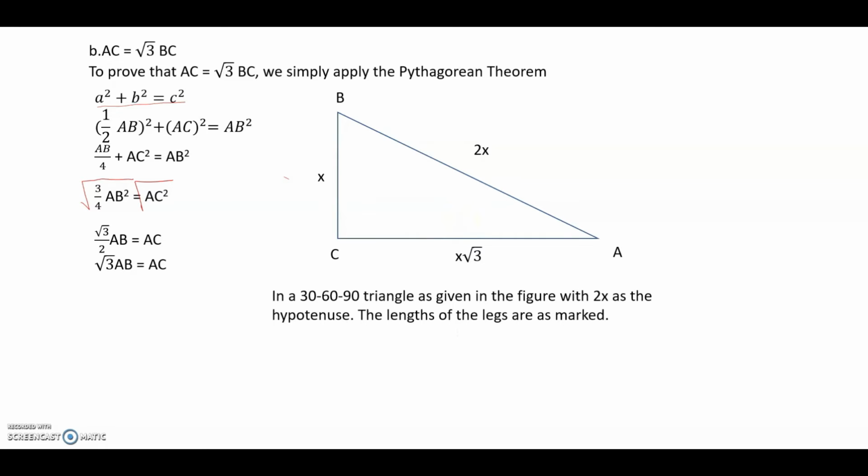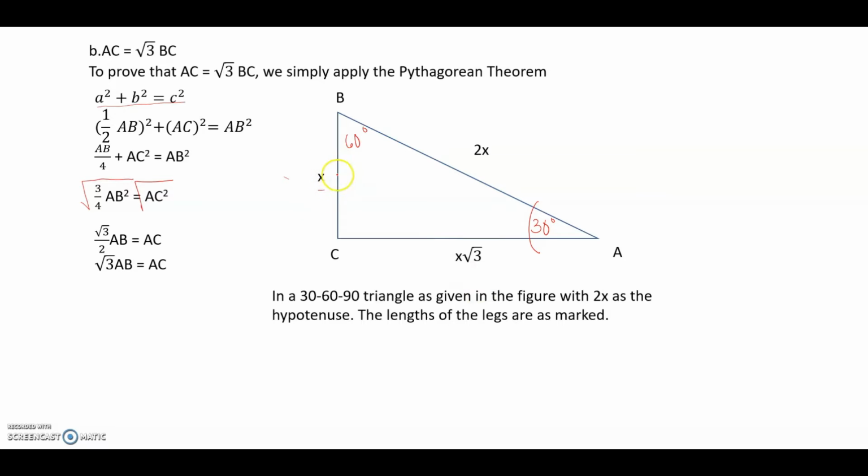It only shows that in the 30-60-90 triangle, like in this figure, if this is your 30-degree angle and this is your 60-degree angle, it applies the law of the 30-60-90, which is: whatever the measure of this leg opposite 30 degrees, which is x, the hypotenuse will be twice that measure, and the side opposite 60 degrees will be this length times square root of 3.